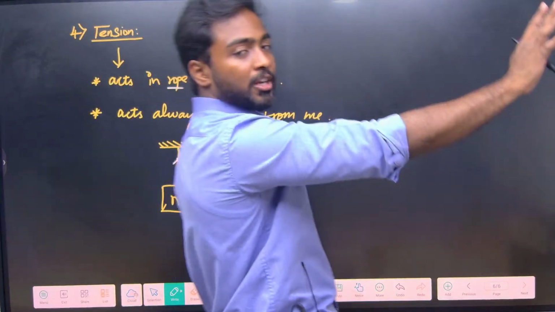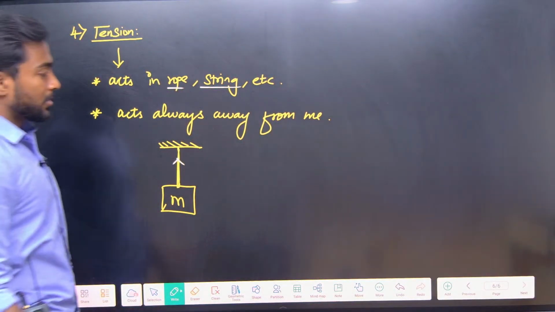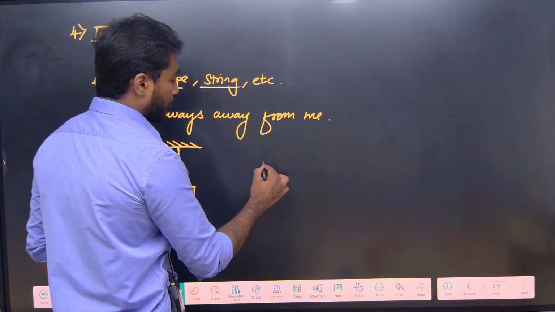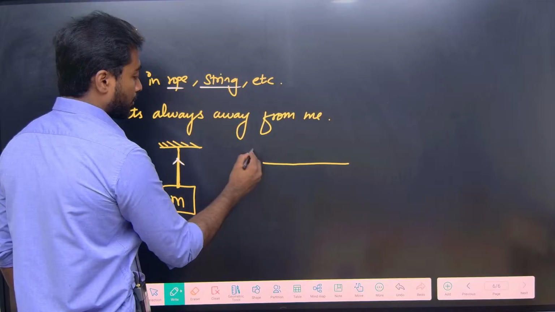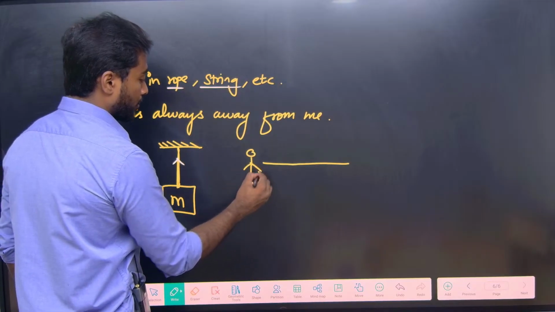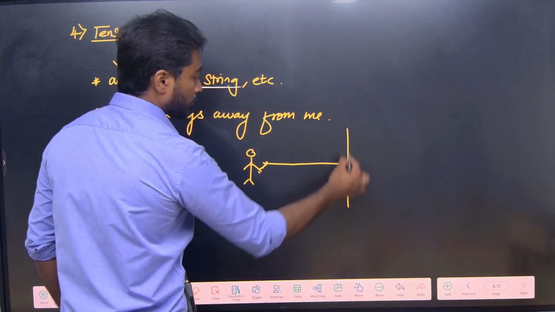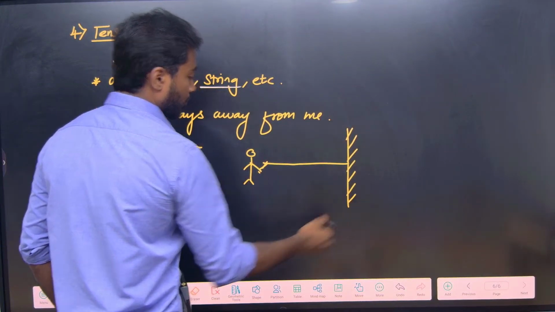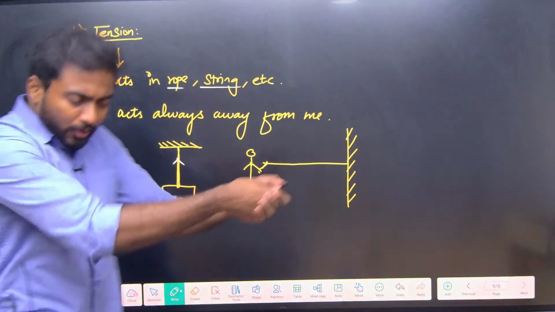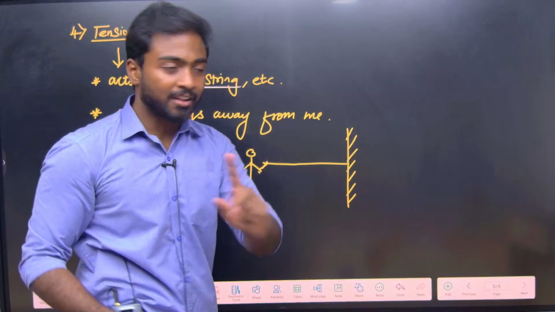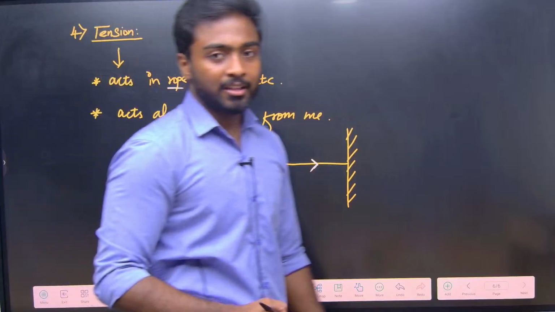Suppose there is a person trying to pull the rope. He is trying to pull the rope, but in which direction does the tension act? Tension acts in the away direction.